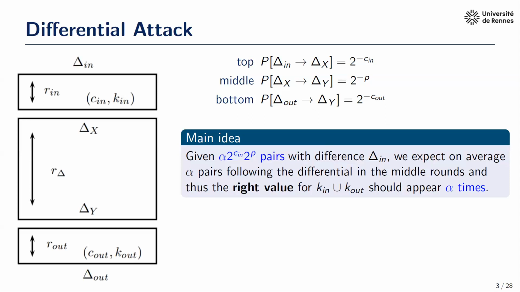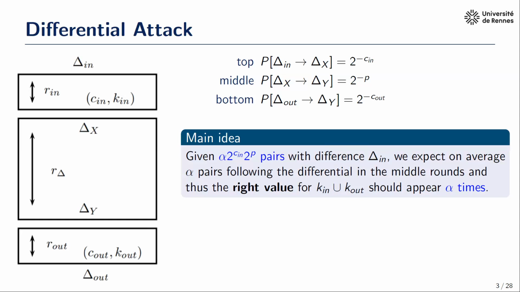So, differential attacks. The core of the differential attack is a differential distinguisher, which is a pair of input and output differences for which the probability of the transition is higher than what we would expect for a random permutation.